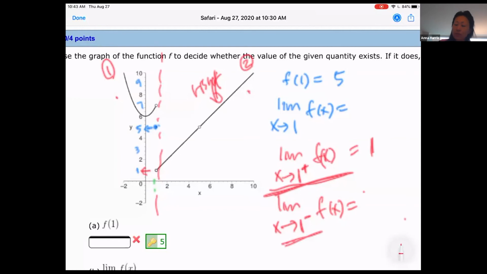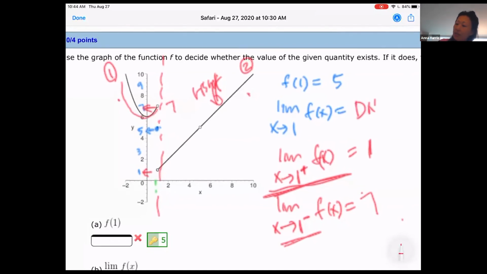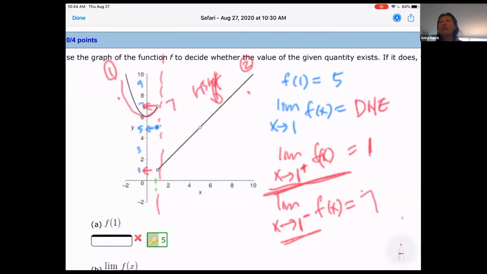Where is this graph approaching to? 7? Okay. So looking at this, what happened? Your left-hand side limit and your right-hand side limit do not match. So do I have a limit? No, I do not have the limit. So I'm going to say no, it does not exist.